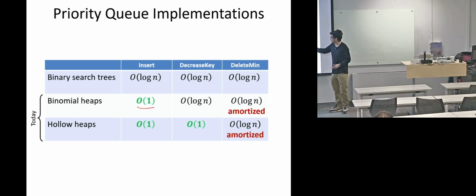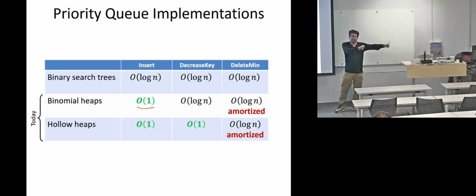Basically assume this as a black box that you can insert in order 1, and let's say also delete min in order 1. Then whatever set of numbers you have, let's say n of them, just insert each of them into this black box heap that you assume exists. Inserting all of them takes O(n) in total.